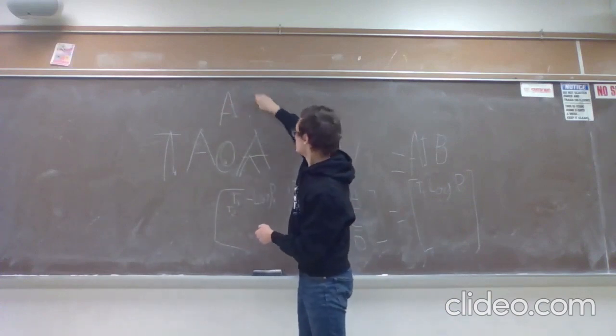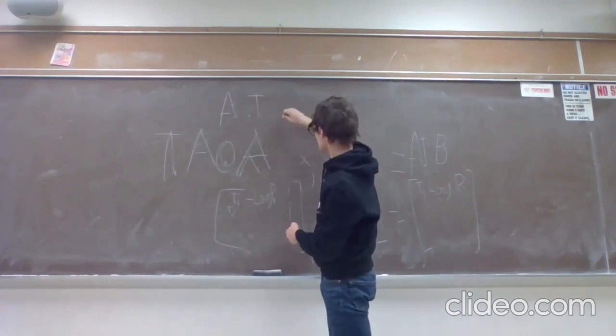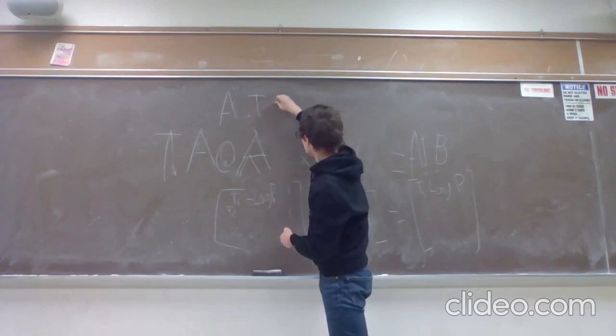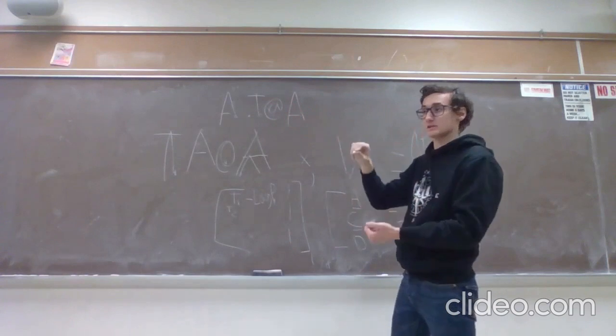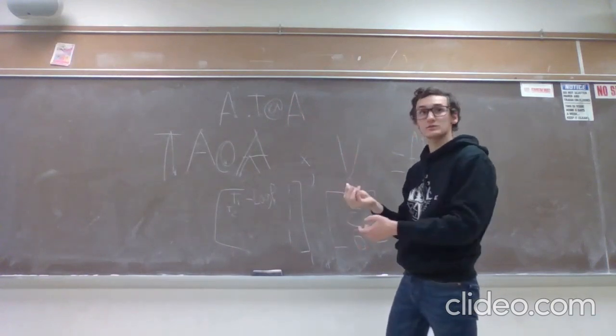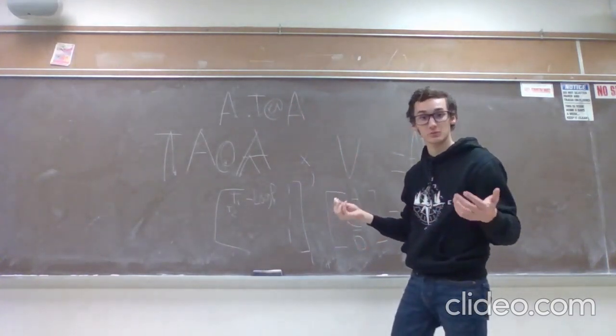So this would end up being A dot T at A, and I'm writing the at sign because in Colab, the at is the sign for multiplication with arrays.